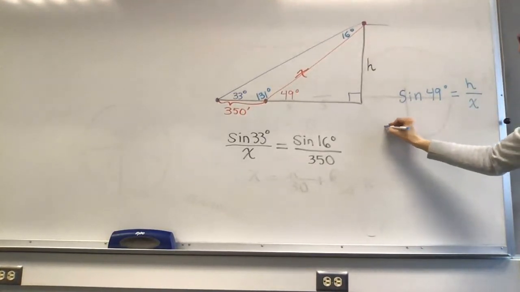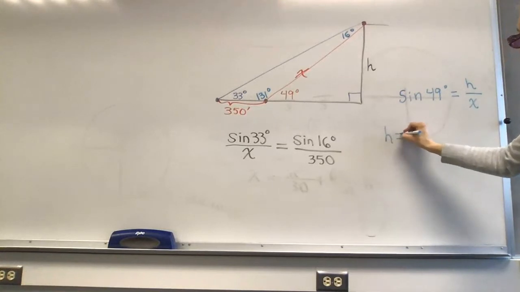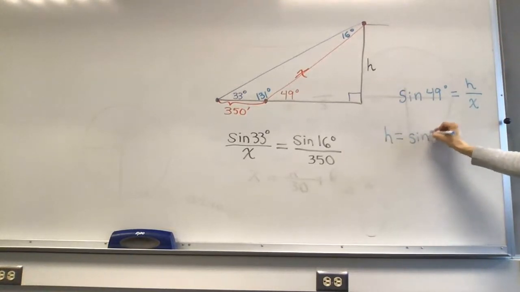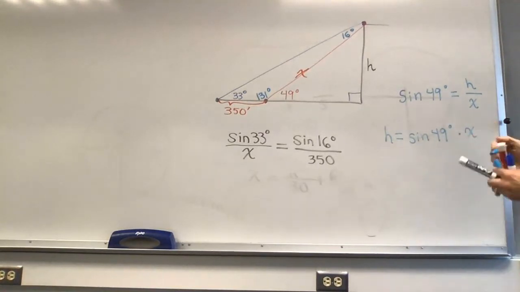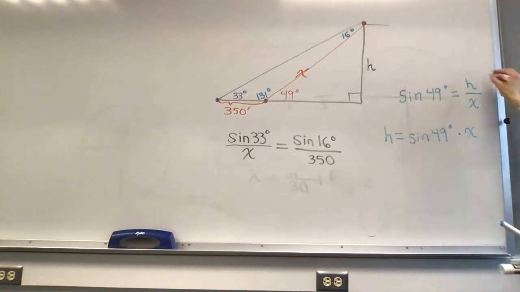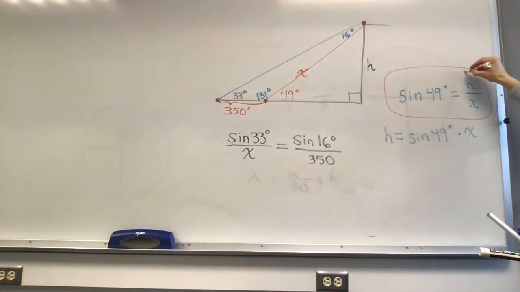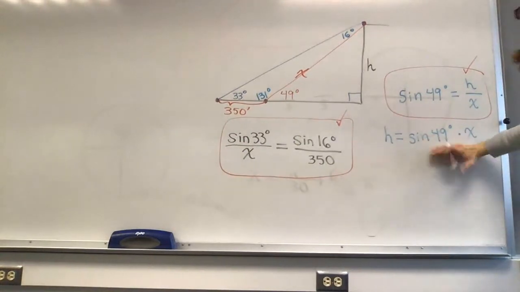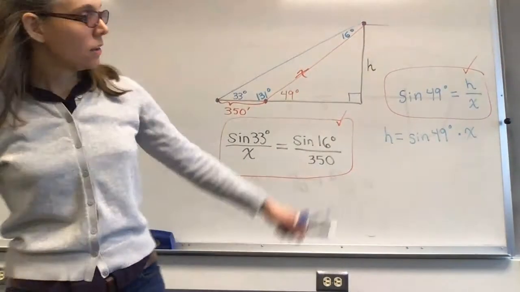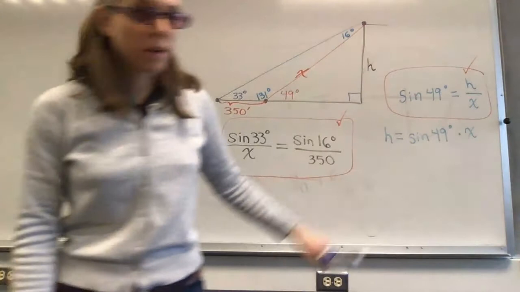So that means that h is equal to the sine of 49 degrees times x. Now I should point out that this is required work, this is required work, but this one is not. I can go from here to here just fine.